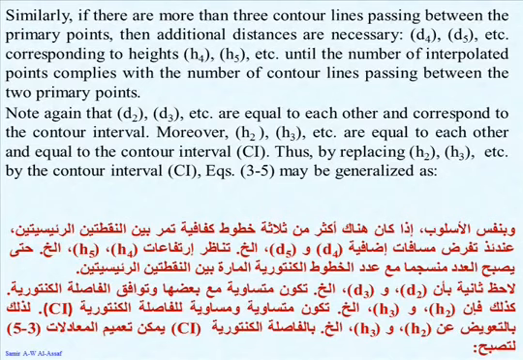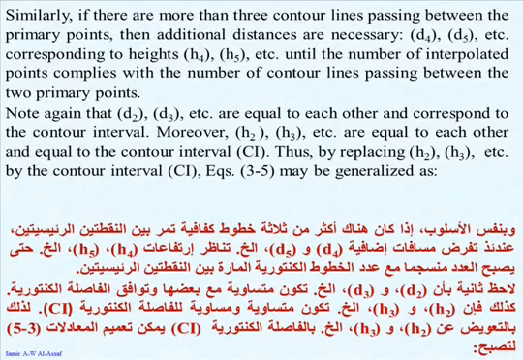Note again that small d sub 2, small d sub 3, etc. are equal to each other and correspond to the contour interval. Moreover, small h sub 2, small h sub 3, etc. are equal to each other and equal to the contour interval.